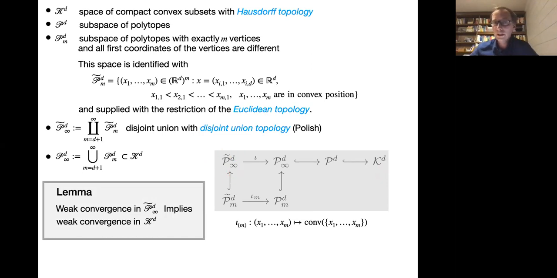And the reason for this is just the continuous mapping theorem, because all the mappings that you have here are continuous. And this space is much easier because this is just a disjoint union of Euclidean spaces supplied with Euclidean topology.